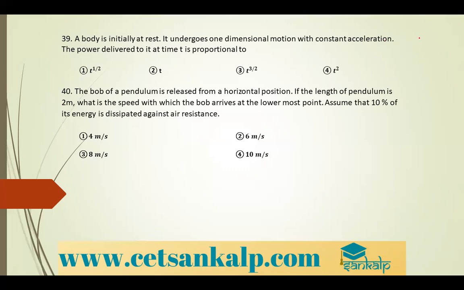Okay, to understand that, we'll start with v is equal to u plus at. As you know that u is equal to 0, so v is equal to at. So you have the formula P is equal to F into V. F can be written as M into A, and V can be written as AT.